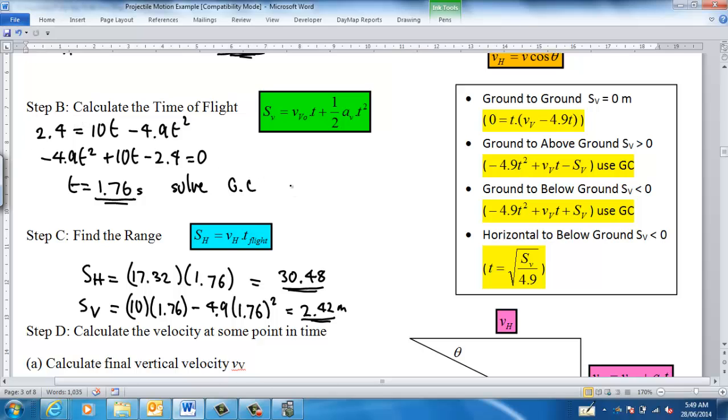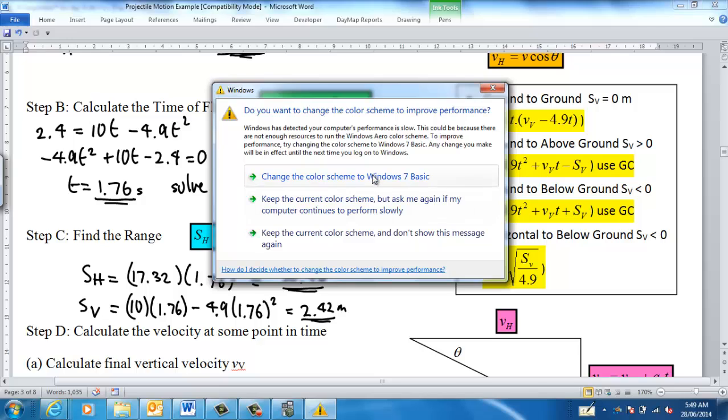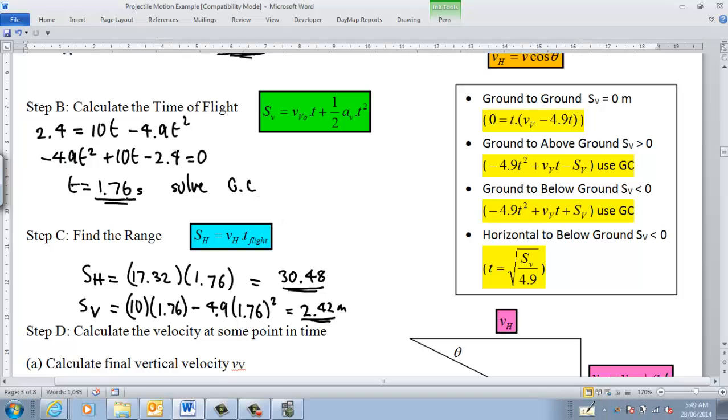We need to account for that, and then the way that we work out the time of flight using our graphics calculator. Remembering we're doing a quadratic there, and I know you've done that in maths, so that's really the only difference. Again, we just use our calculator to solve that. So, anyway, good luck with those questions out of the textbook. Now you need to identify that type of question and then just go through those steps.